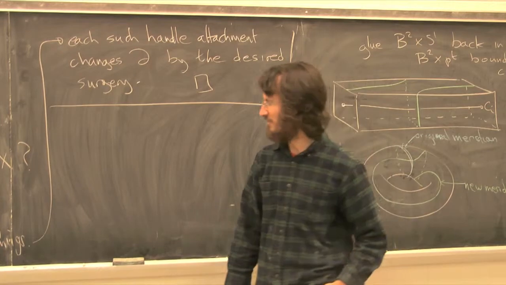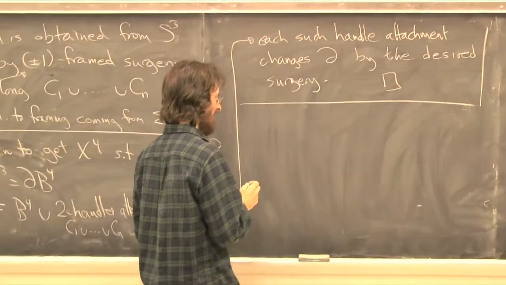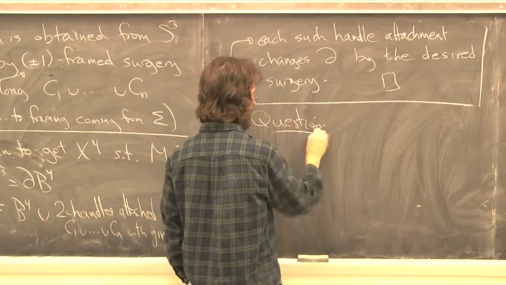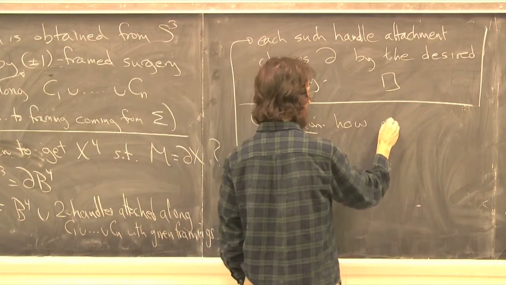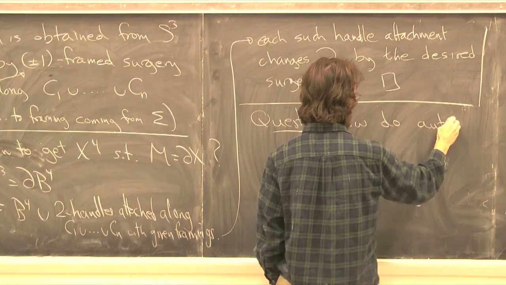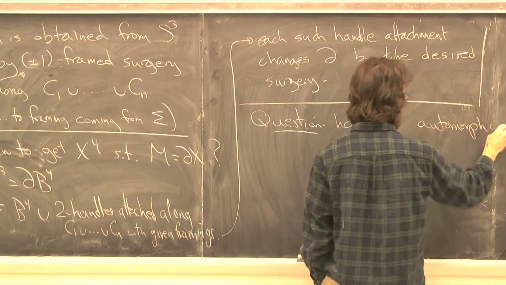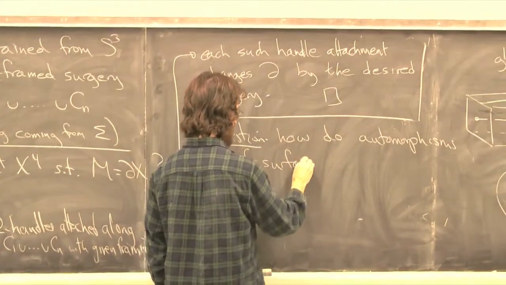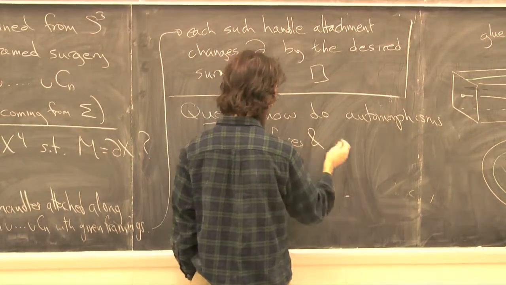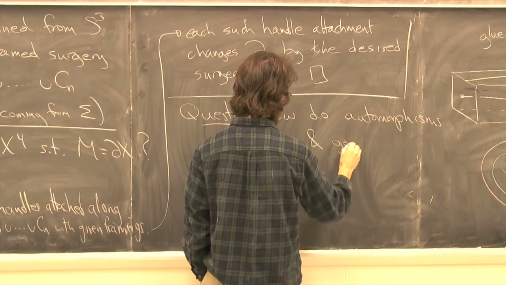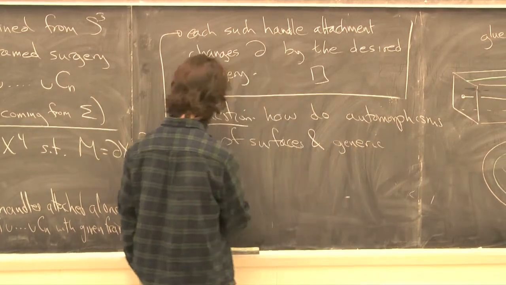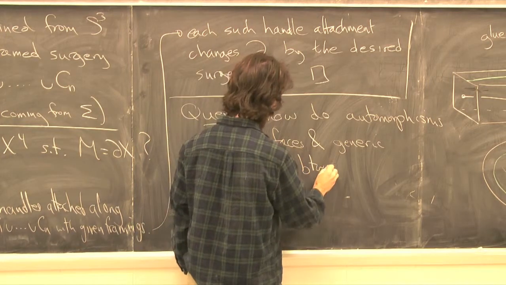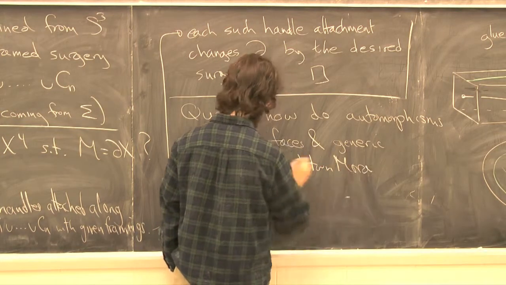So, I think an interesting question that I'm interested in is how automorphisms of surfaces and generic homotopy for the Morse functions relate. I'll give you some idea of what I mean by this.